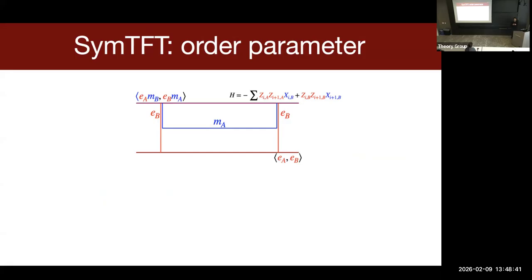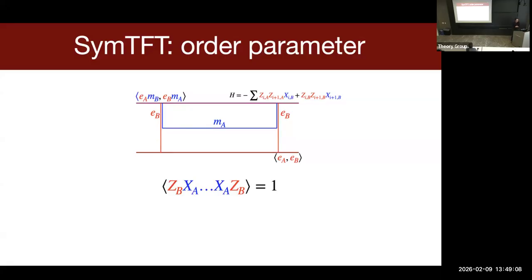I won't go into everything, but you can see most of what's going on just from the order parameter. The fact that I have this EAMB combination and EBMA combination that's condensed on this top boundary means that I can nucleate an EBMA and pair it up in this way.